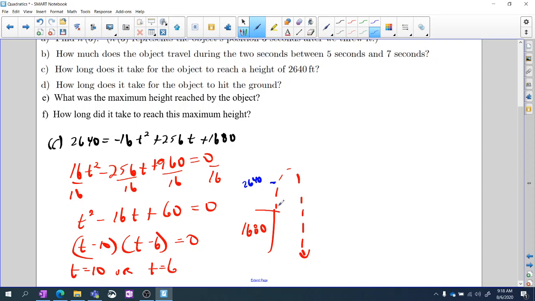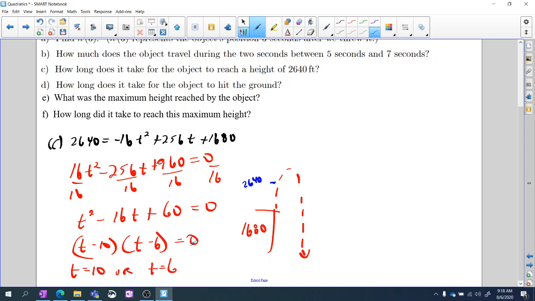So when the object went up, the vertex must be above 2,640. It went up to its highest point, and then it came back down. So it would have reached 2,640 feet at 6 seconds for the first time, went up to its highest point, and then started to fall, and then passed 2,640 feet again at the 10-second mark. That's why you're getting these two times that make sense.